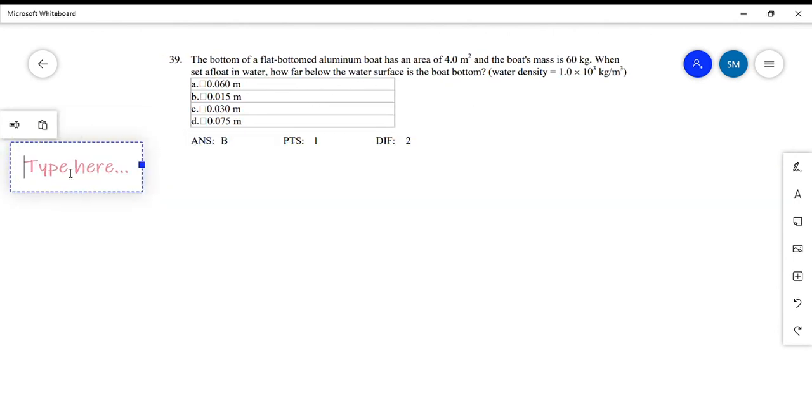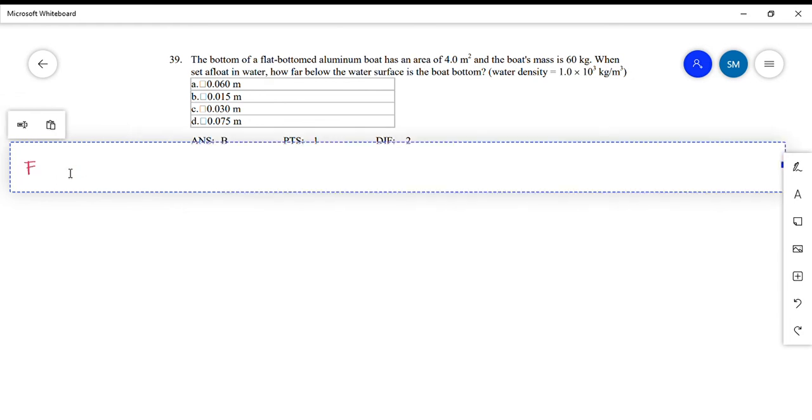Question number 39. Yes, he wanted to know how far below the water surface is the bottom. The buoyant force FB is simply equal to mg.